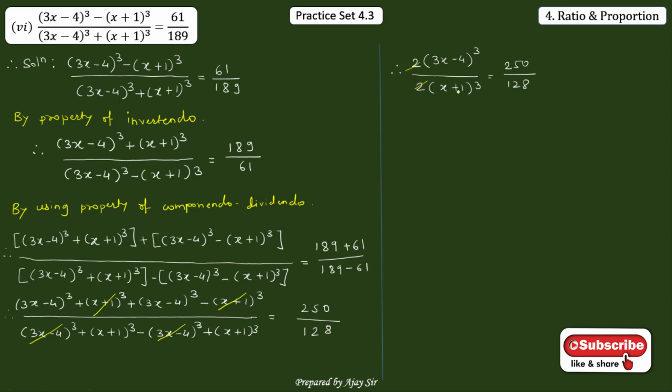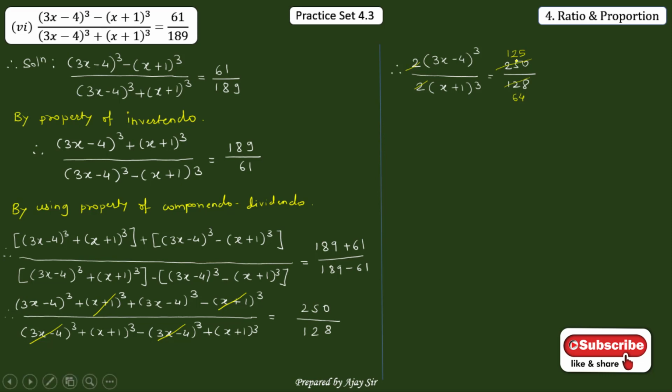Let us use the table of 2. So now divide by 2: 2 6s are 12, 2 4s are 8. Similarly, 2 1s are 2, 2 2s are 4, and 1 is remaining, 2 5s are 10. Yes, this is 125.